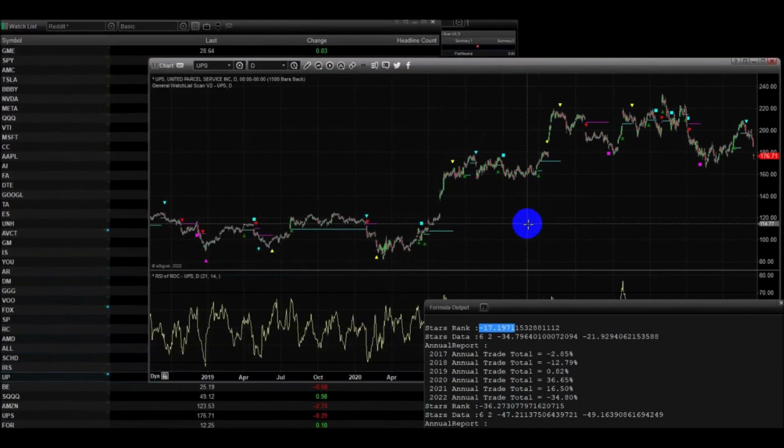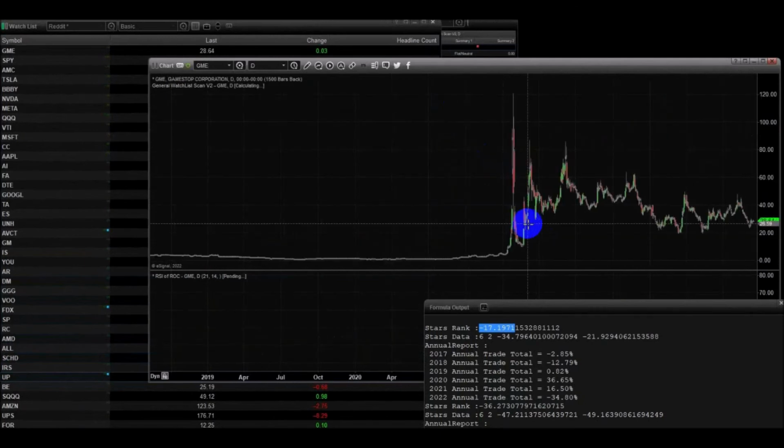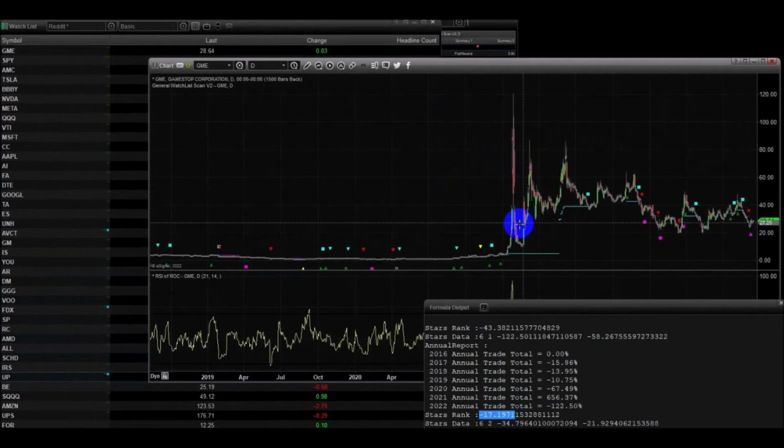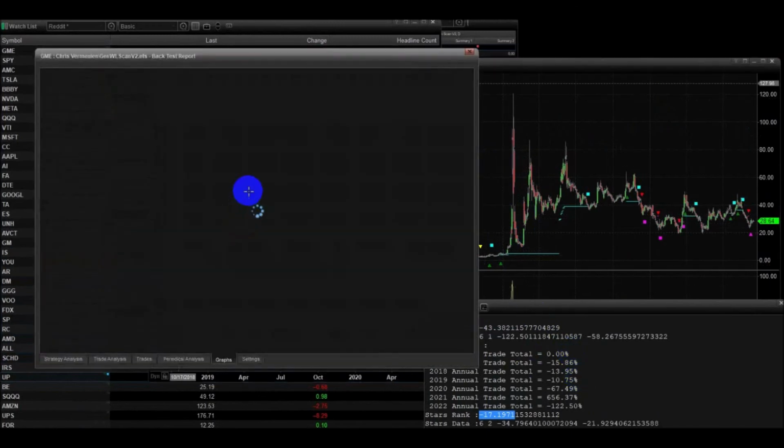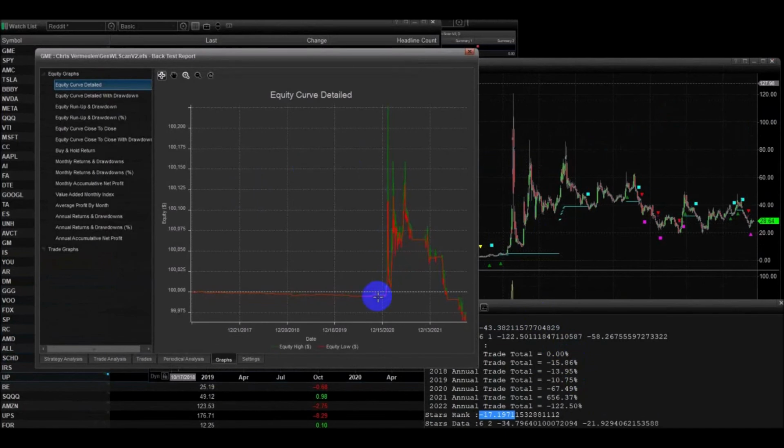Let's try GameStop. What the heck? This has been on a tear. All right, GameStop has, oh boy, this is going to be a fun one to look at. And this will give you an idea. It has made a ton of money during this spike when everything went crazy. And then generally it's just flattened out and not done anything. And it has not had the opportunity to capture any real profits in this.